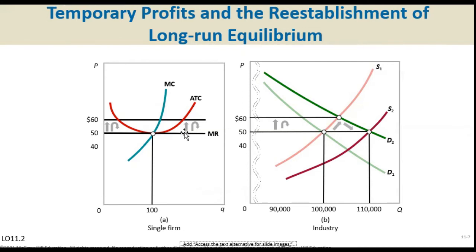Right, so the long run equilibrium will be at the level where the price, which is MR, is equal to the minimum of the average total cost. And at this level, only normal profit is realized.